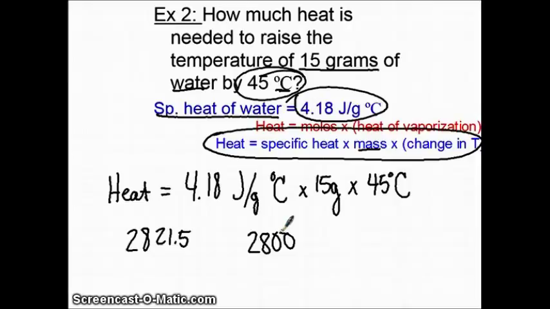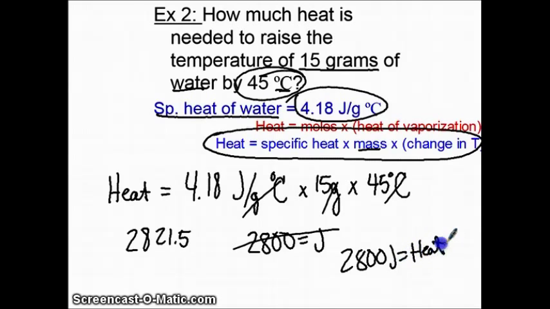What's the unit? Well, we have our grams and our Celsius cancel all out, so this is going to be in joules. That shouldn't be an equal sign, sorry. 2,800 joules equals my heat.